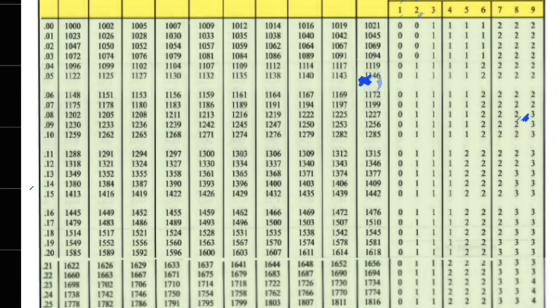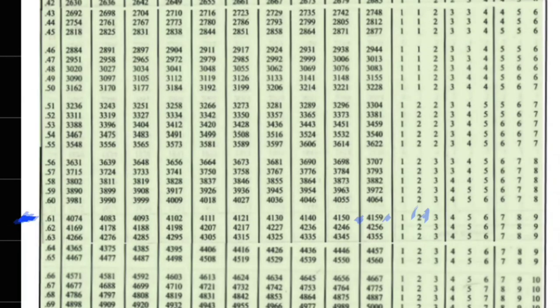So we have to check down, where this very 0.61 will meet with 9. Okay, here's 0.61. 0.61 is here under 9.